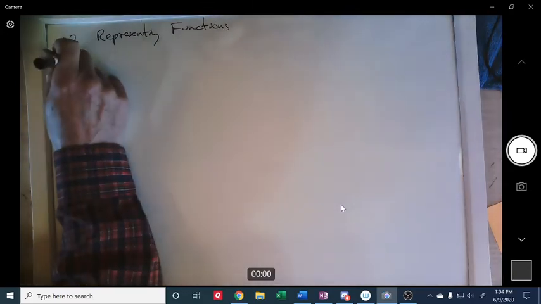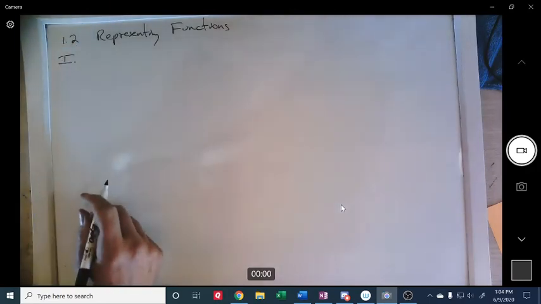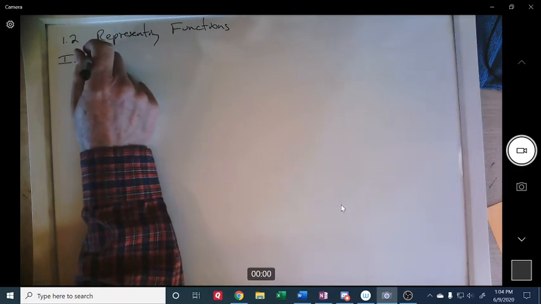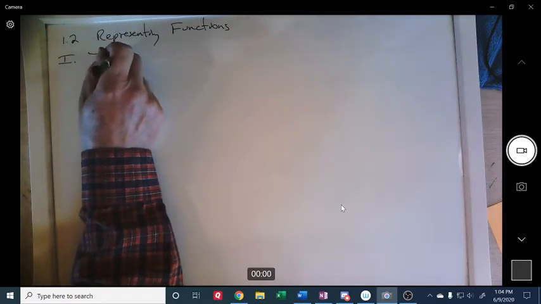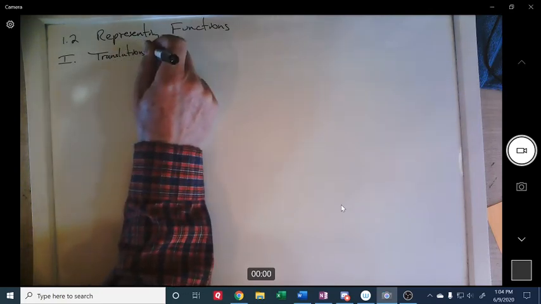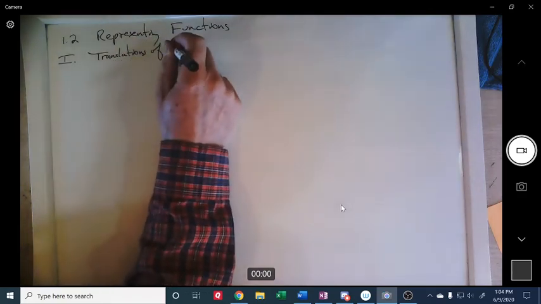And part 1 is translations of functions.